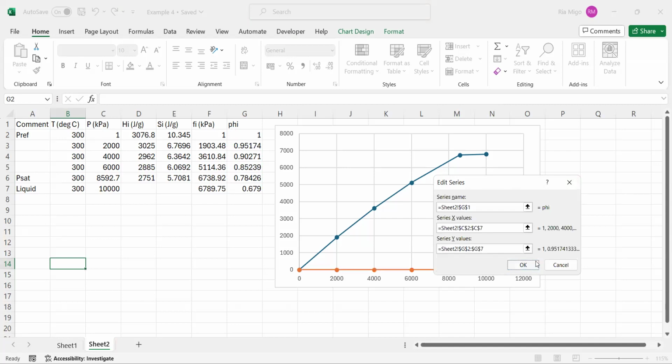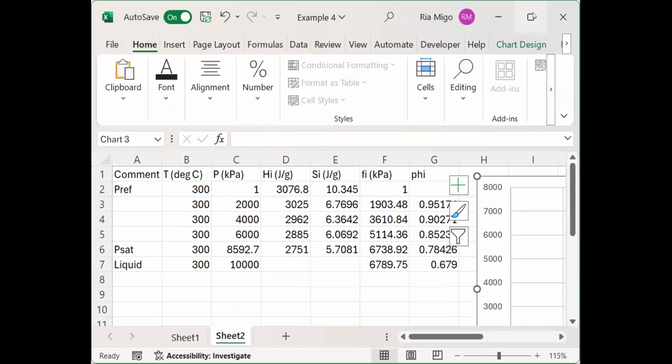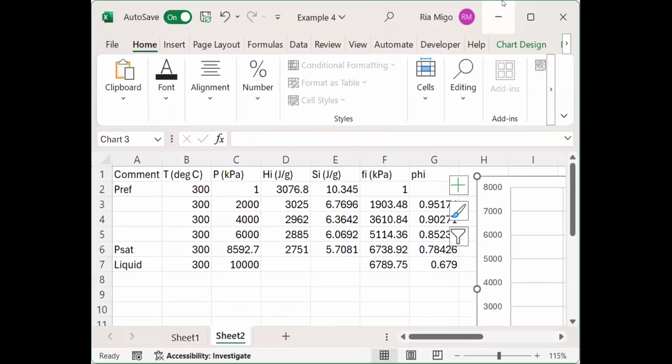Okay, so right now it doesn't look good because we're just using one axis. We need to transfer phi to a secondary axis on the right, and we can do that by opening the chart design.